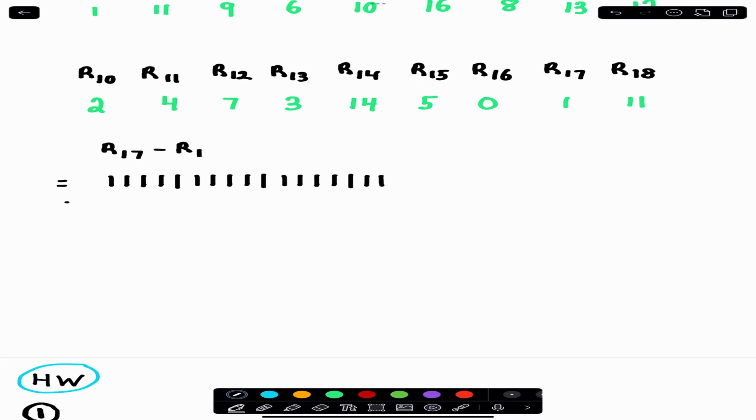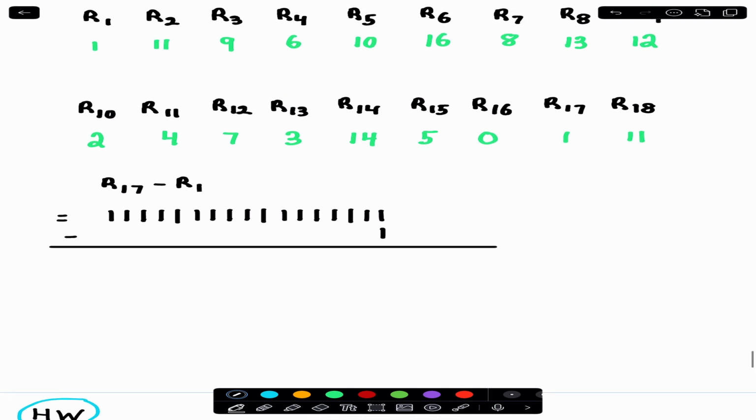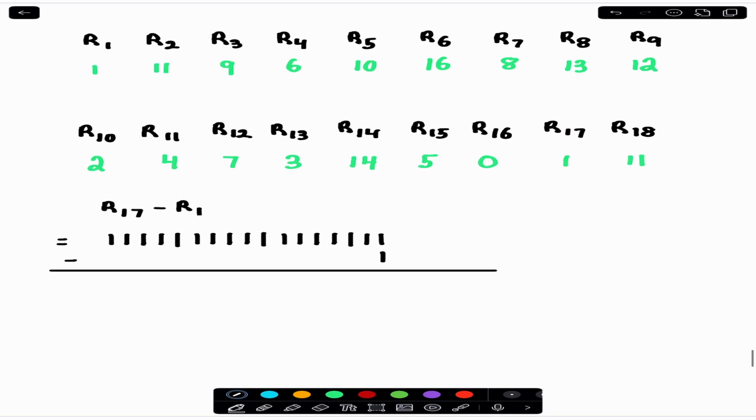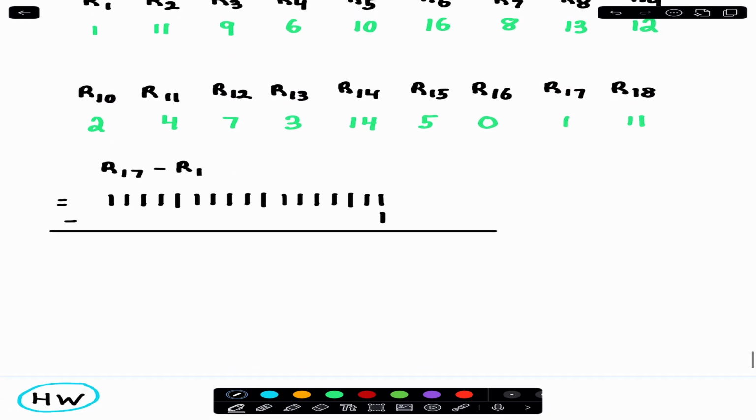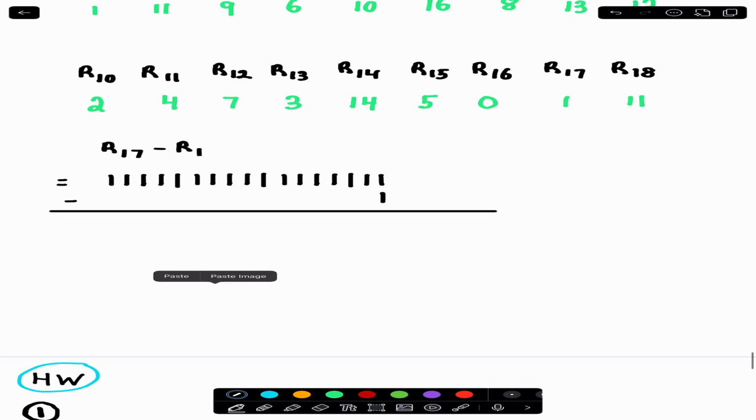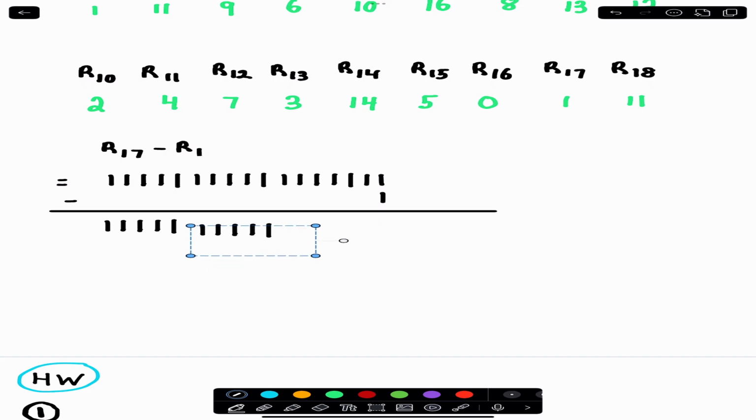So that's R17, and then we subtract a 1. And again, going back to the main concept of just doing everything slowly, column-wise, we're going to see we end up with a number that looks something like this.